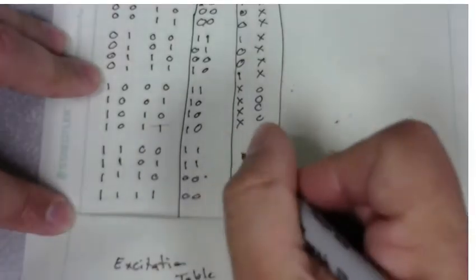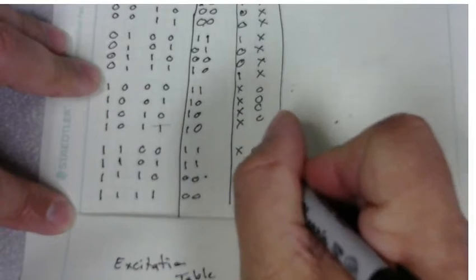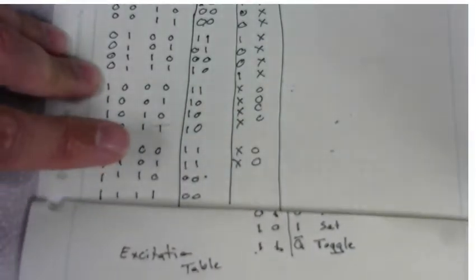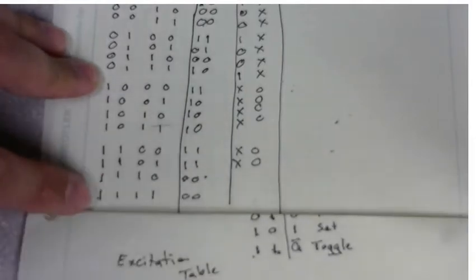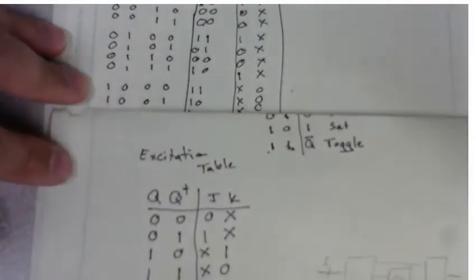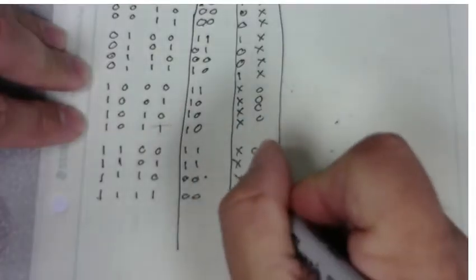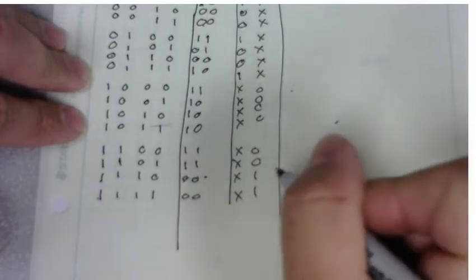All right, and then the last one, 1 to 1, I have two more 1 to 1s. That means that those are both going to be x0. And now I have 1 to 0, 2 times in a row, 1, 0, 1, 0. And I look at up here and I see 1, 0 is x1. So I'm going to put x1, x1.